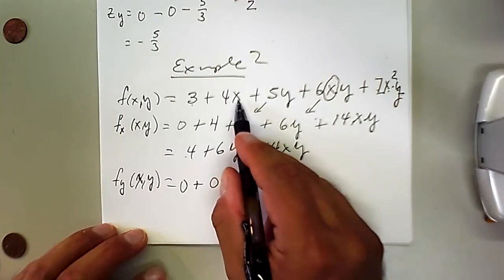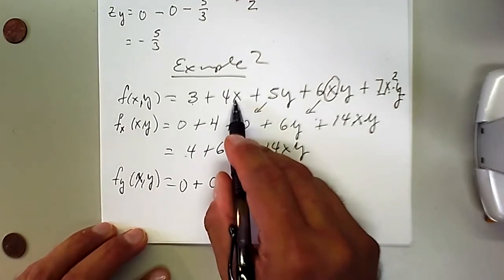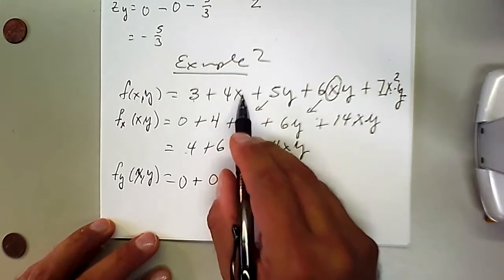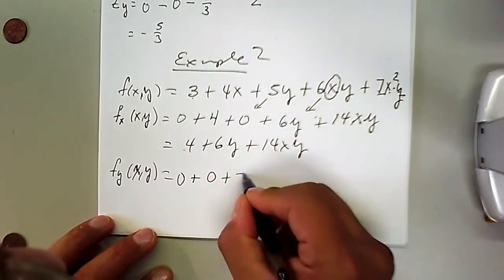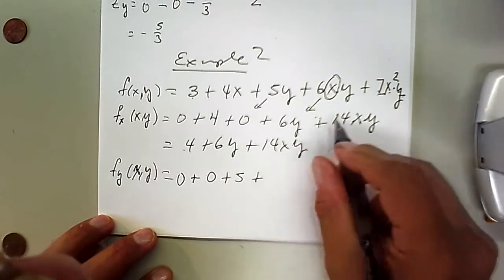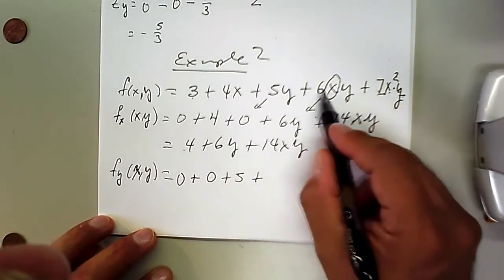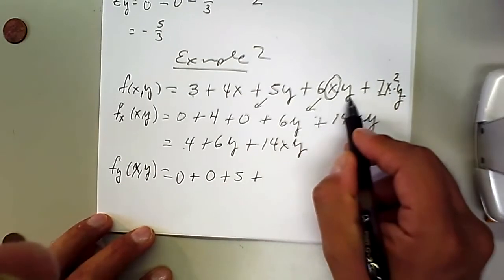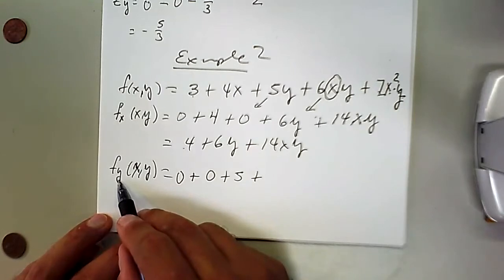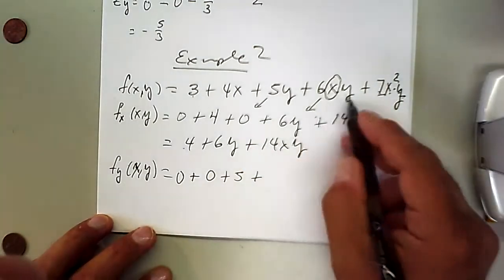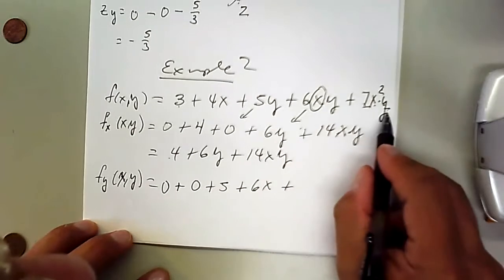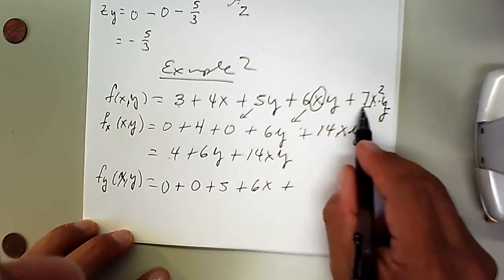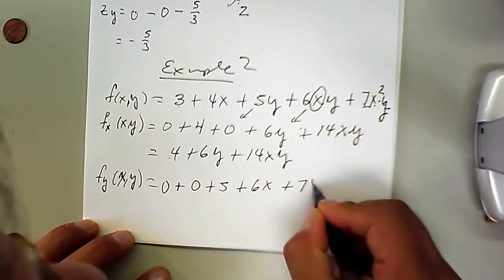Because we're assuming y is the variable, and anything that is not y will be considered a constant. Derivative of 5y is 5. Here, the y is the variable, so 6x is constant. Derivative of y with respect to y is 1, so we end up with 6x, plus the derivative of y again is 1, so we just keep the 7x squared.